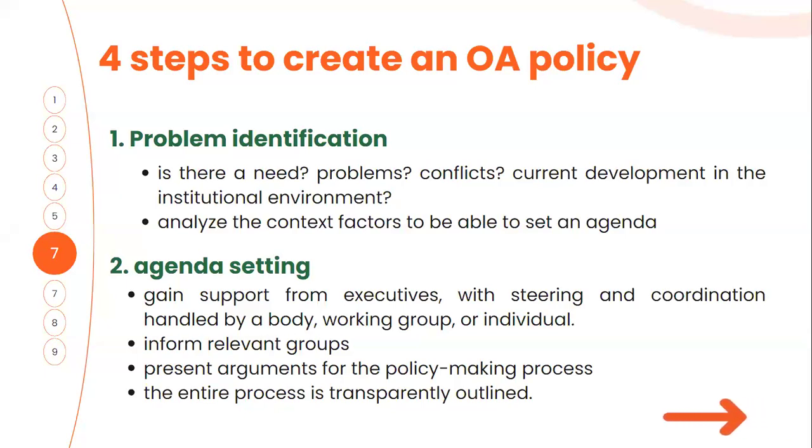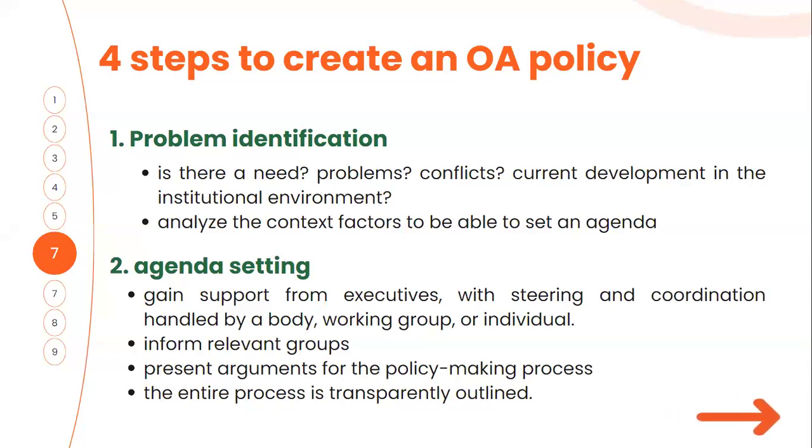So the steps to create an open access policy, as I said, depend on the situation. It depends on the institution itself. But first of all, you need to identify the problem. Whenever you're setting or creating a policy, you're actually trying to solve a problem. So is there a need to create an open access policy?